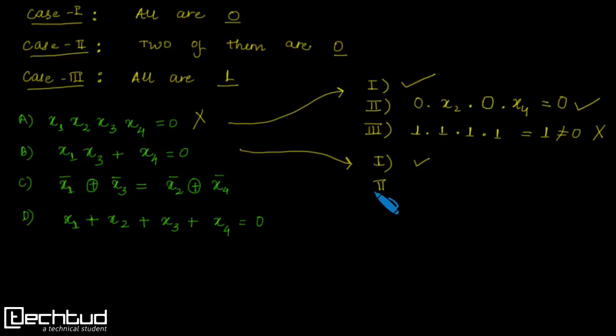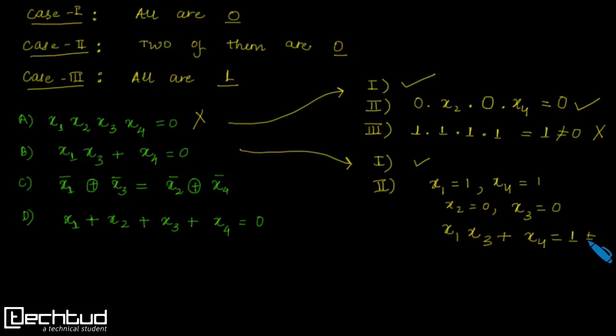But in the second case, when two of them are 0 and two of them are 1, let's say x1 equals 1 and x4 equals 1 and x2 equals 0 and x3 equals 0, then x1 ANDed with x3 ORed with x4 will equal 1, which is not equal to 0.